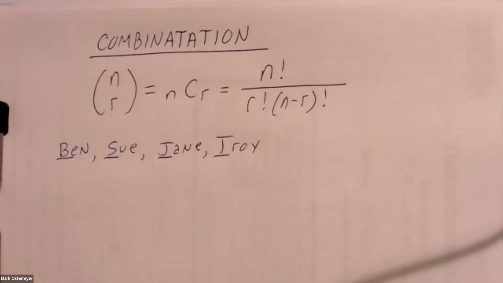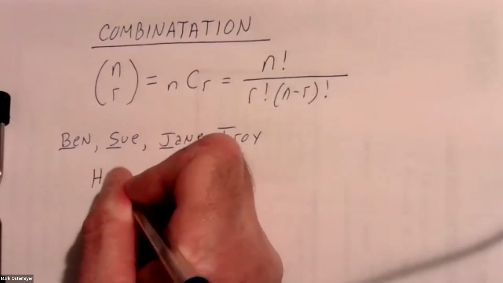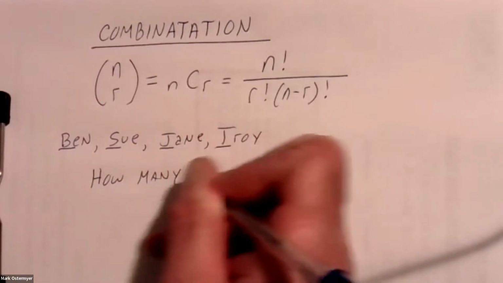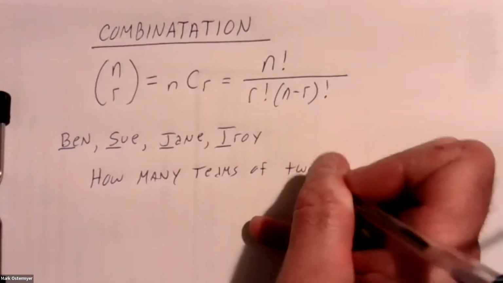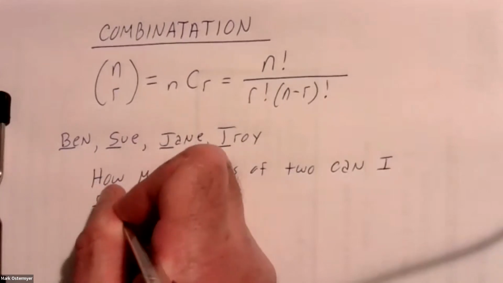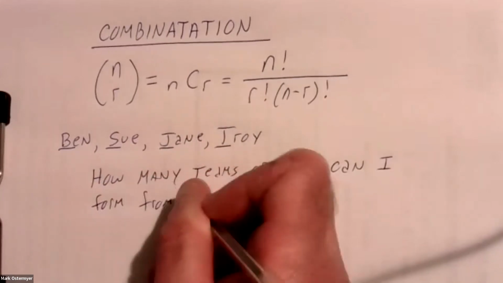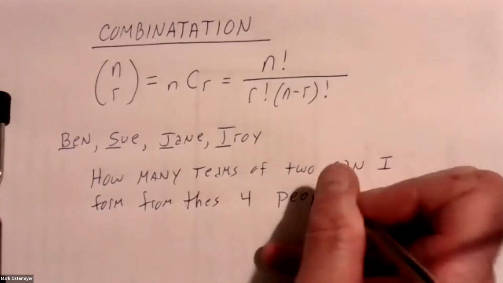So suppose that I want to form teams of 2. Question is, how many teams of 2 can I form from these 4 people?